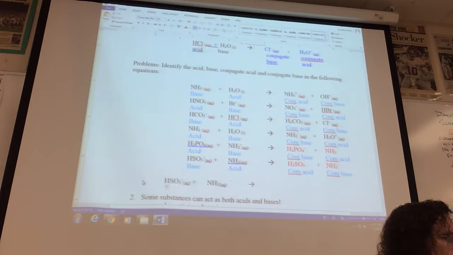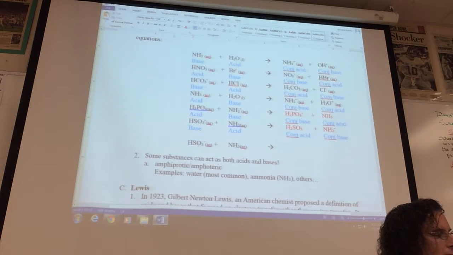And maybe you decided that this was the acid and this was the base. What could you form? SO3 2 minus. And NH4 plus. Yep.